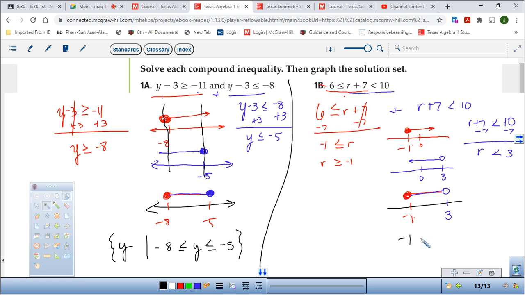So negative 1 is less than or equal to r, and r is less than 3, because it's shaded in, equal, and not shaded in, not equal. My final answer is the set of r such that r is between negative 1 and 3. And there's your answer.